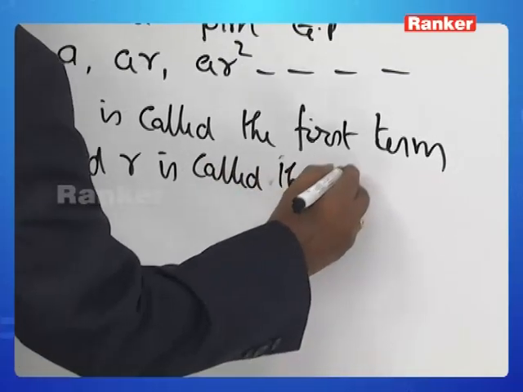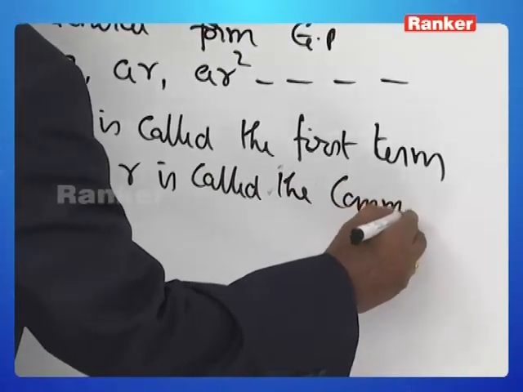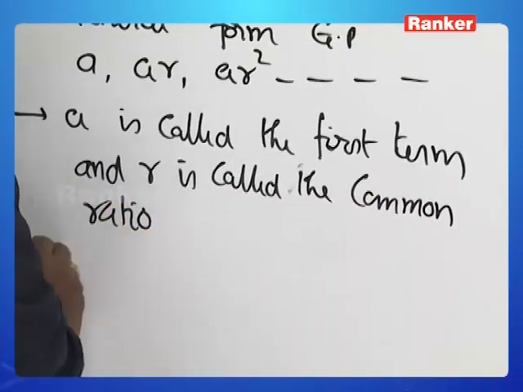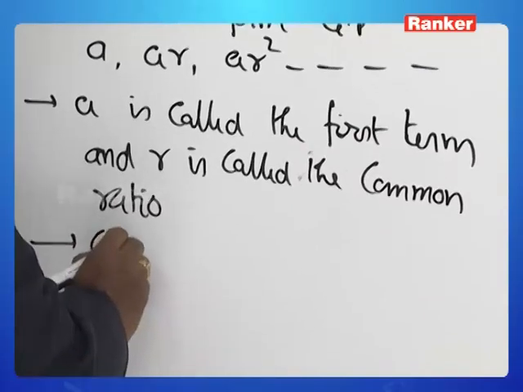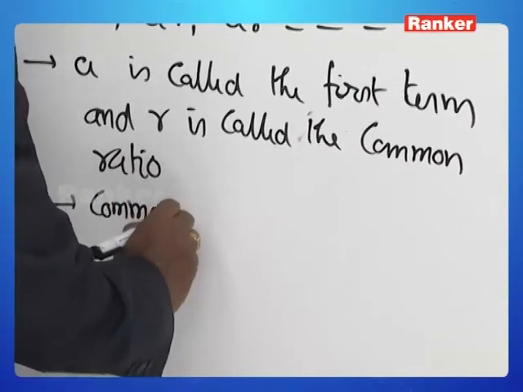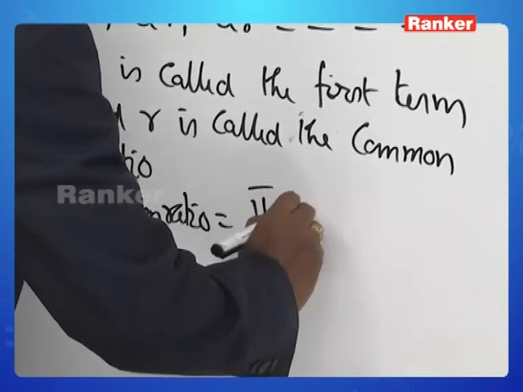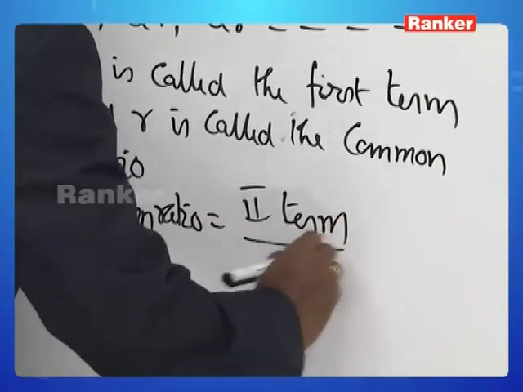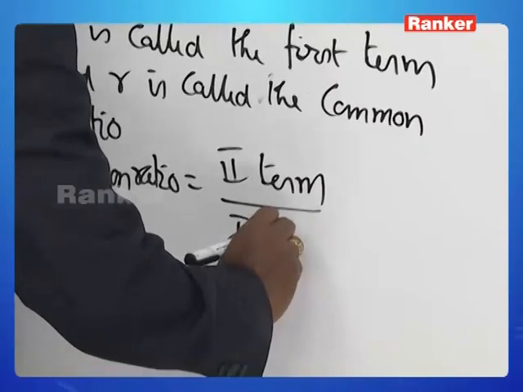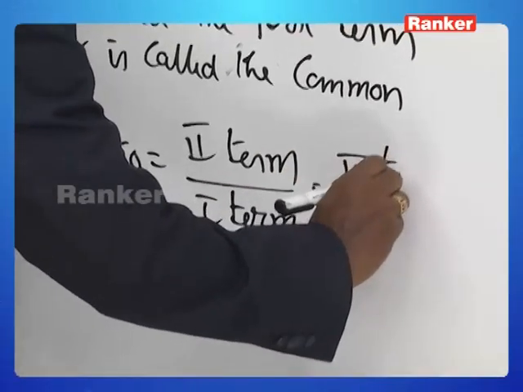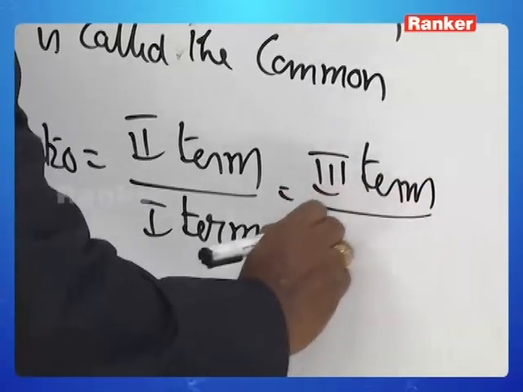So, the common ratio is equal to the second term by the first term, which is equal to the third term by the second term, and so on.